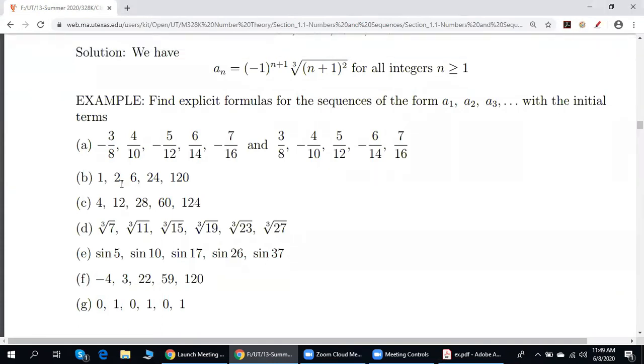This immediately tells us that this sequence is not an arithmetic sequence. Let us see if this is a geometric sequence. 2 divided by 1, 2. 6 divided by 2, 3. We immediately see that this is not a geometric sequence either.